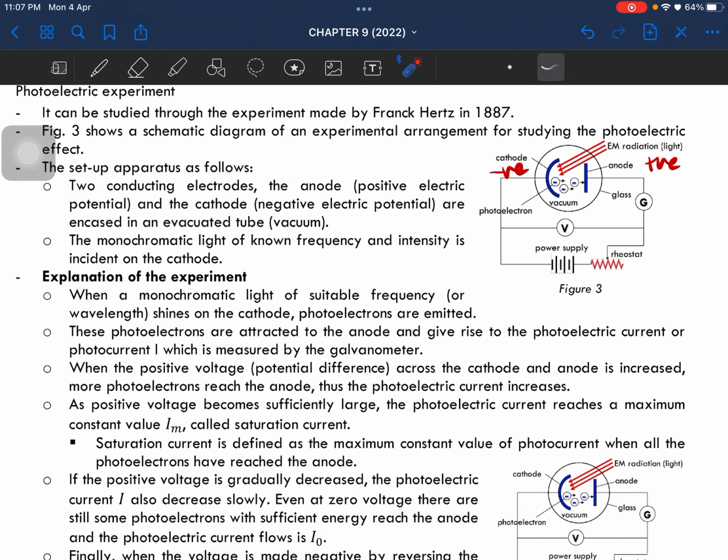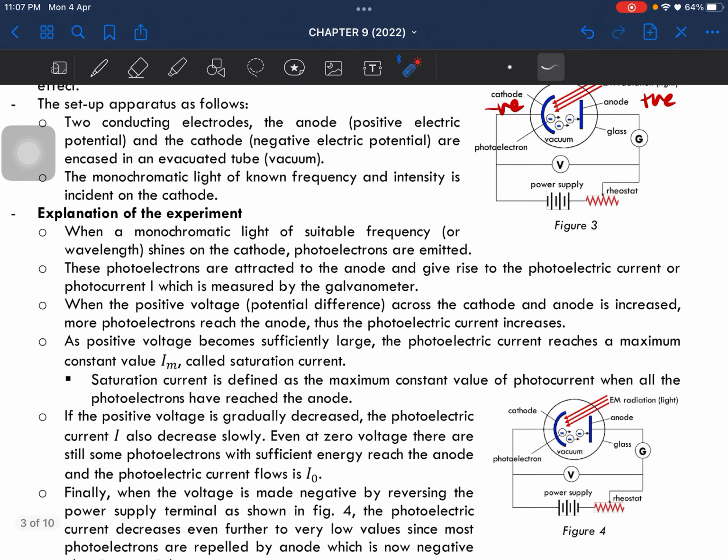Okay, so when this light with suitable frequency or wavelength shines on this cathode, it causes photoelectrons to be emitted from this surface here. Okay, so these photoelectrons will be attracted to the anode because photoelectron is negatively charged. Okay, so because of their negative charge, they will be attracted to the positive charge, which is the anode.